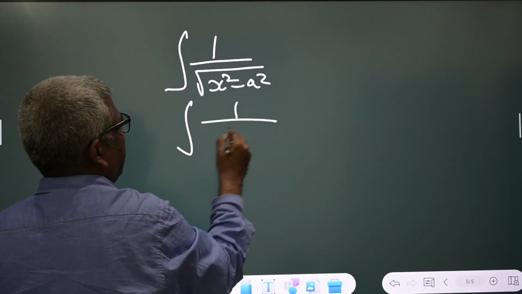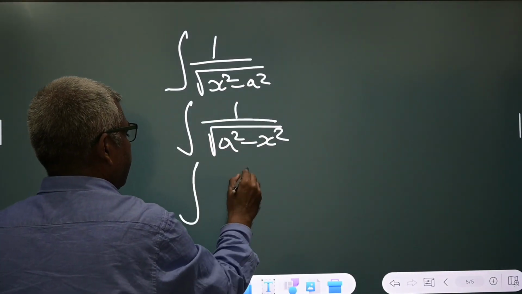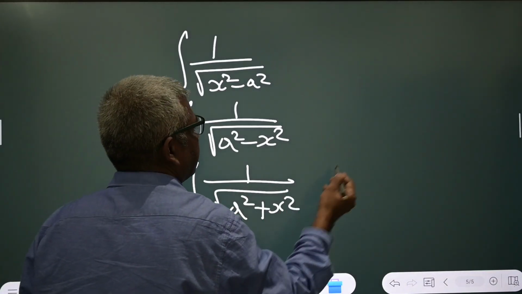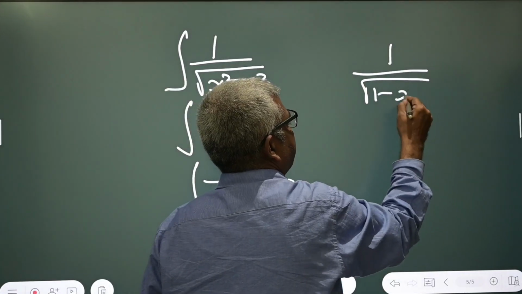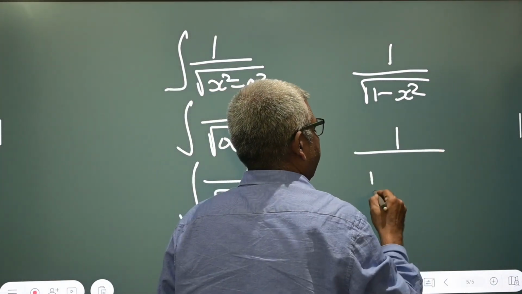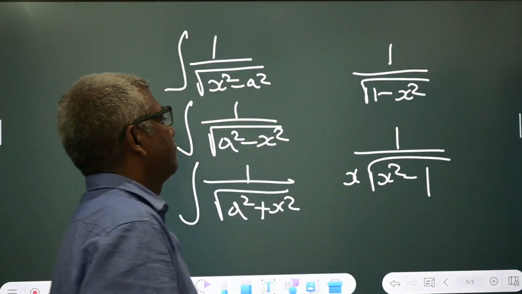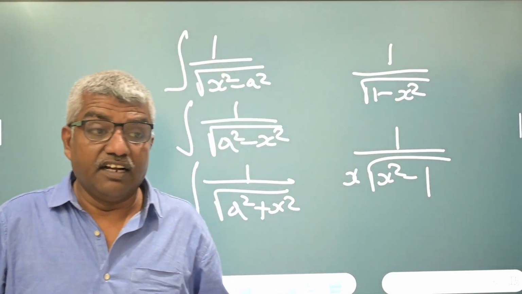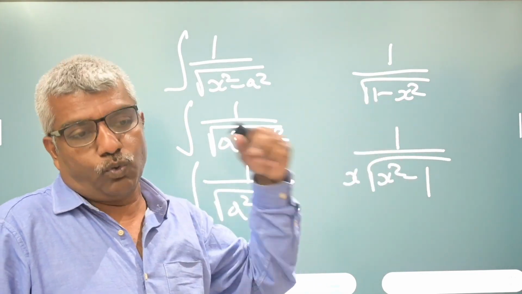Another is 1 by root of a squared minus x squared. Another is 1 by root of a squared plus x squared. Or the simple formulas: 1 by root of 1 minus x squared, 1 by x root of x squared minus 1. There are 5 formulas in integration for grade 12 when the denominator has a root.